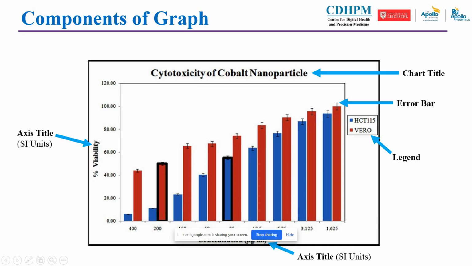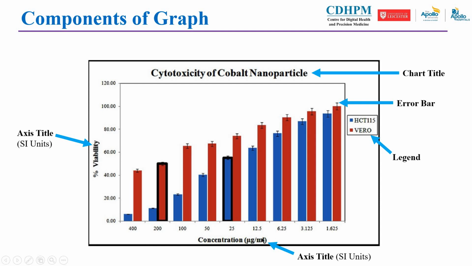Each graph usually contains at least two variables, one x-axis and one y-axis. The title should say what this y-axis and what this x-axis is. It should clearly convey that in this particular graph, you have concentration of the nanoparticle on the x-axis and the percentage of cell viability on the y-axis.